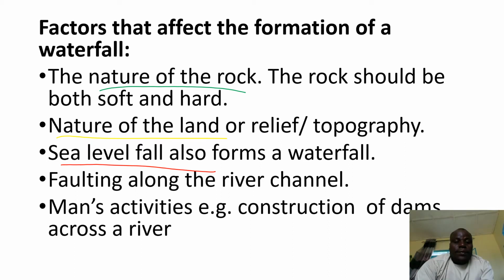Then we have faulting along the river channel. Faulting may occur along the river channel. It creates a fault line, and as the land retreats backward or sinks downward on the fault line, then the river joining the same fault line will also flow on a steep escarpment.